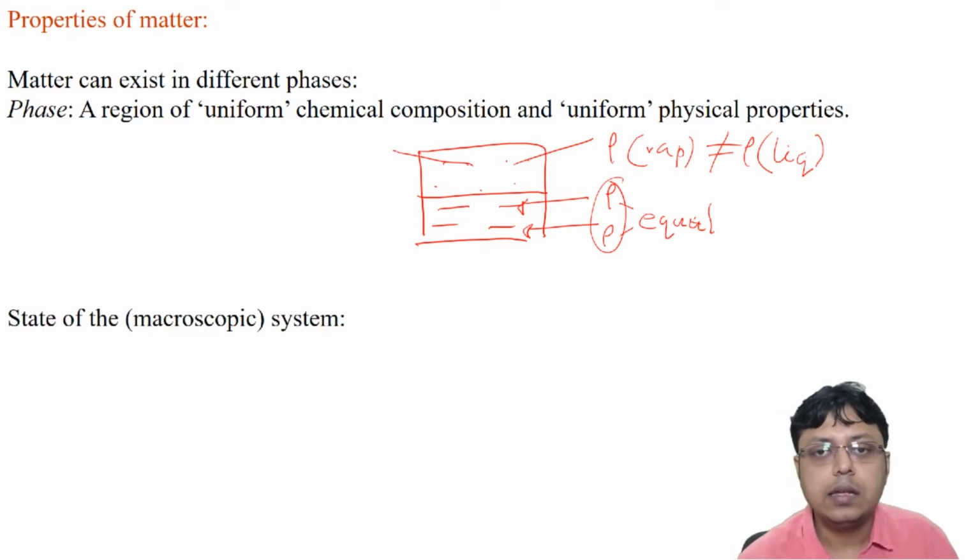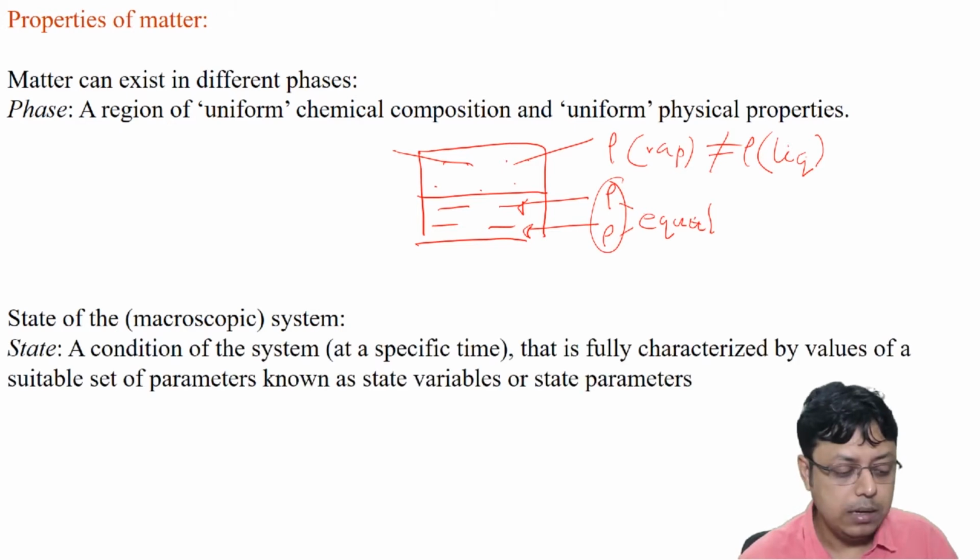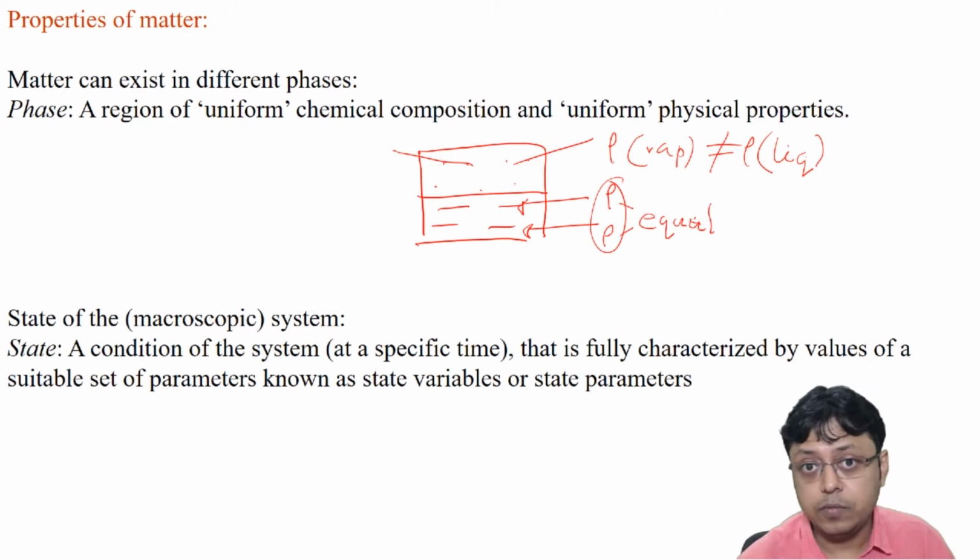Now the next thing is what describes the state of any macroscopic system. By state, we mean a condition of the system at a specific time, of course, because we are talking about time independent properties, that is fully characterized by values of a suitable set of parameters, and these parameters are called state parameters or state variables.